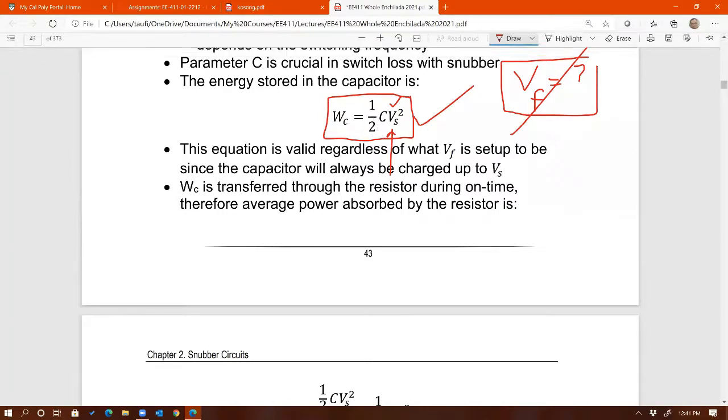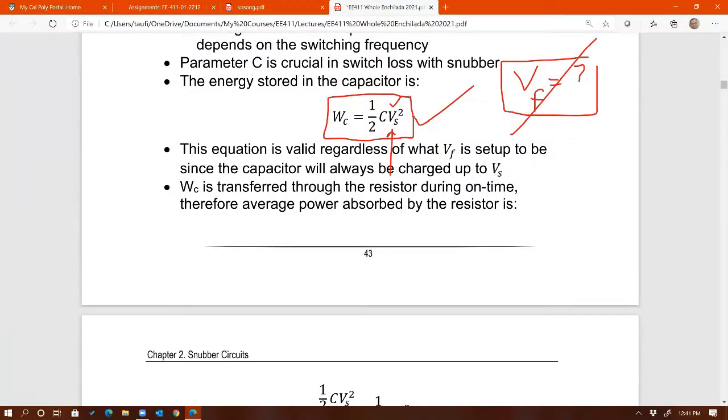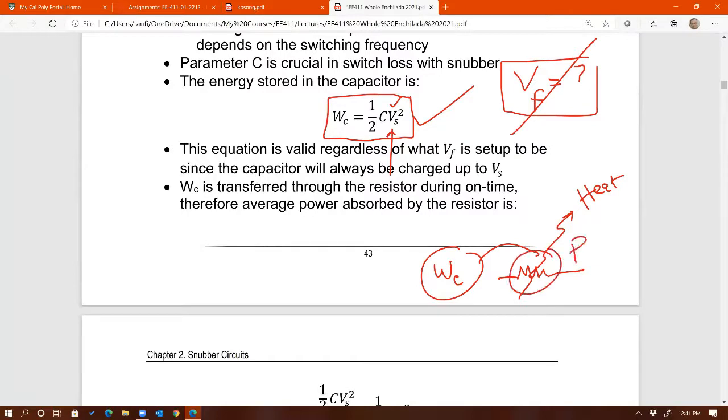So that same energy, W capacitor, flows into the resistor, and then it's transformed into heat, right? So then how do you relate WC to PR?